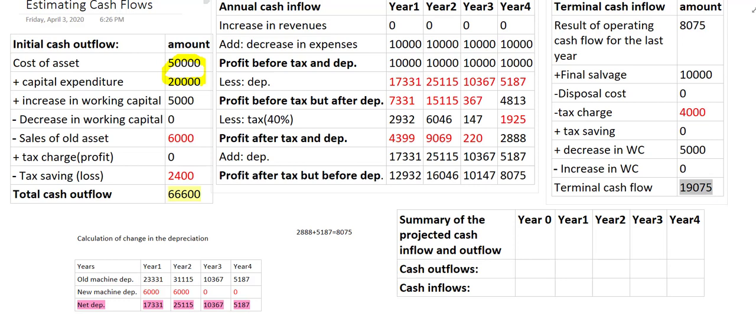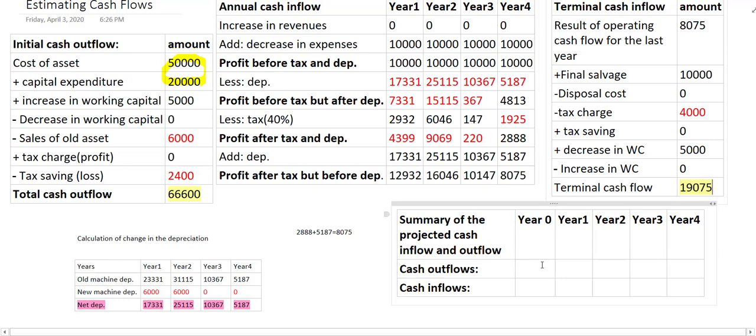Now let us make some sort of adjustment here. So please let us make the summarization. Mention the cash outflow. Cash outflow was equal to 66,600, right? But cash inflow gets started from here. So we have to mention all these inflows here. Mention the inflow for the first year. Mention the inflow for the next year.